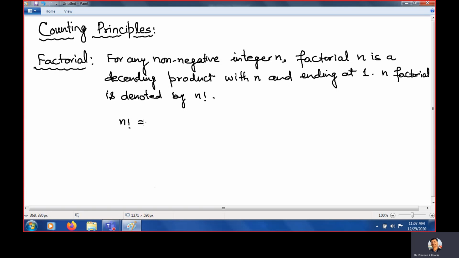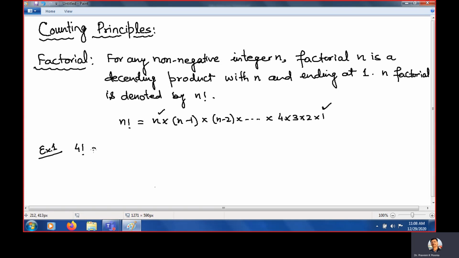So n factorial is equal to n times (n minus 1) times (n minus 2) times and so on, and you need to stop when you reach 1. It starts at n and ends at 1, subtracting 1 each time. For example, factorial 4.